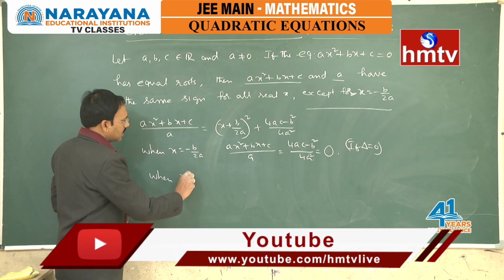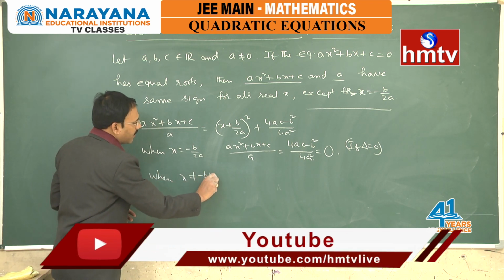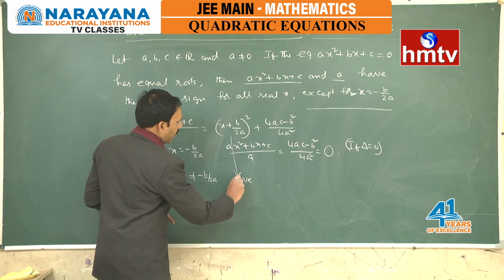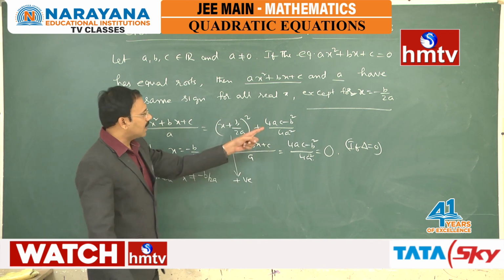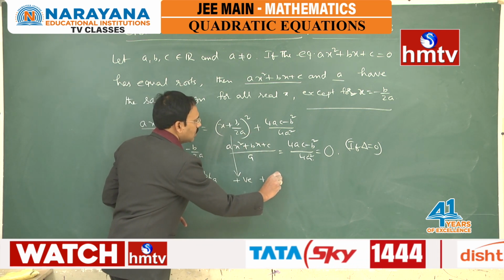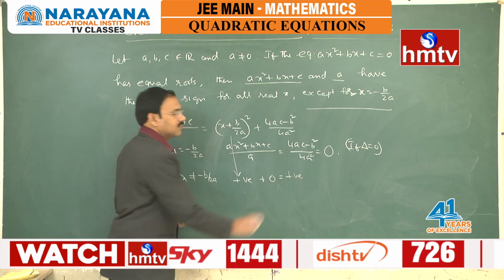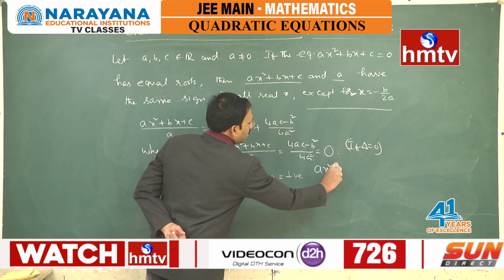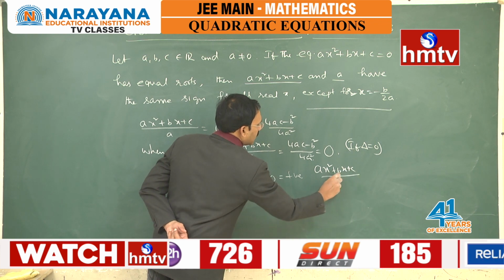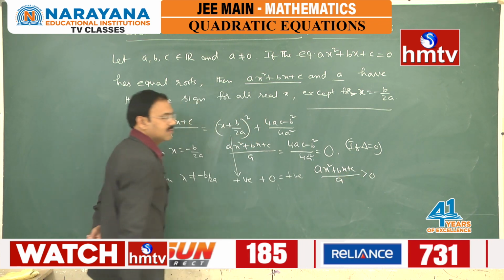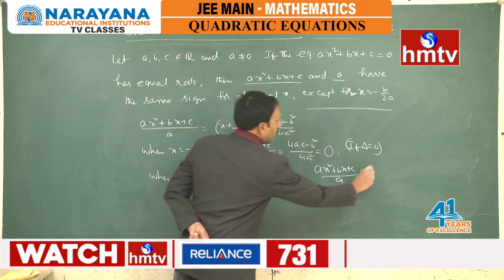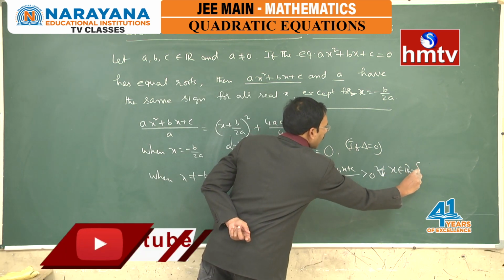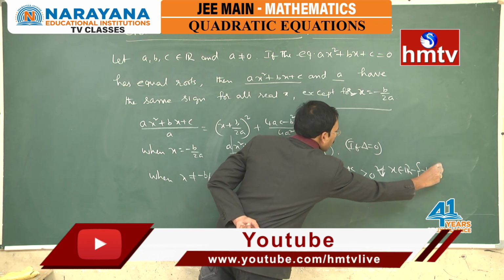When x is other than minus b by 2a, this particular square expression is always positive and the other term is 0, so the sum is positive, and hence we can say that ax square plus bx plus c by a is always positive for all x belongs to R except minus b by 2a.